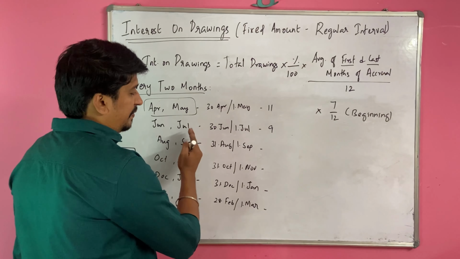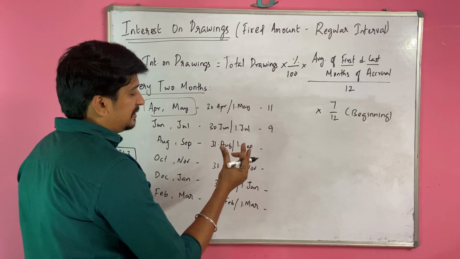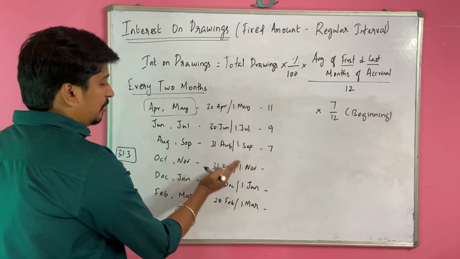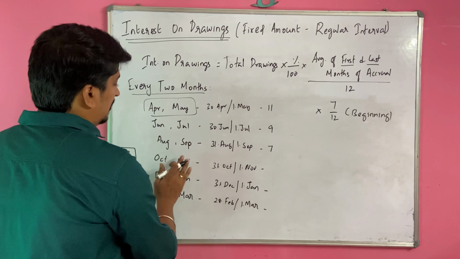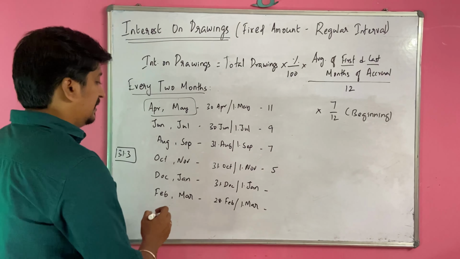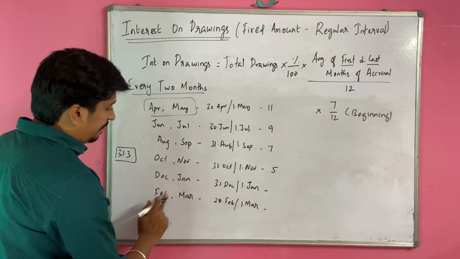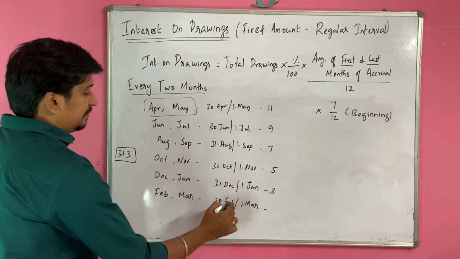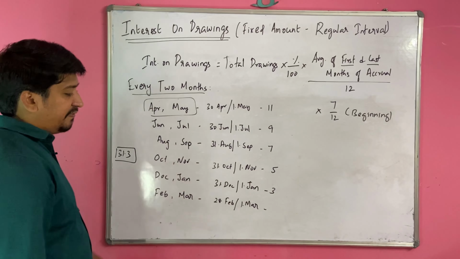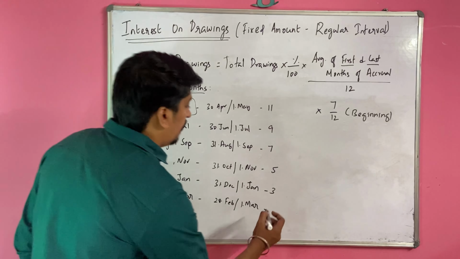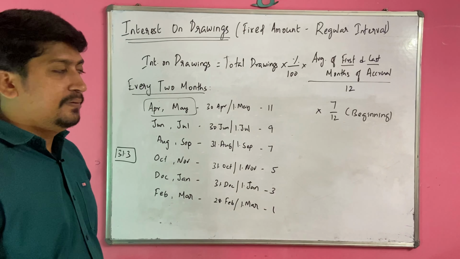Here till August over, September, October, November, December, January, February, March, 7-month interest. Here till October over, from November, December, January, February, March, 5-month interest he has to pay. Here December over, January, February, March, for this drawing 3-month interest he has to pay. Then for this drawing till February over, only March is there. March first he takes, or February 28th, February over, only full March is there. So 1-month interest he has to pay.